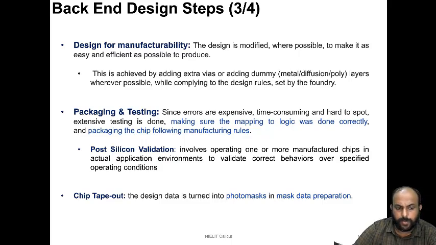Often you hear about one more step called post silicon validation, which basically involves operating one or more manufactured pieces of chips in the actual environment so as to validate the correct behavior over specified operating conditions. Once post silicon validation is also done, the chip is ready for mass production. That process is called chip tape out, where the design data is turned into photo mask in mask data preparation.